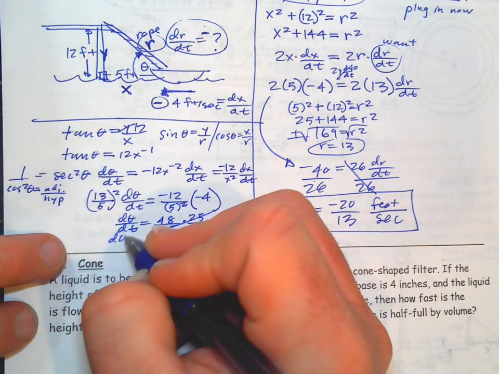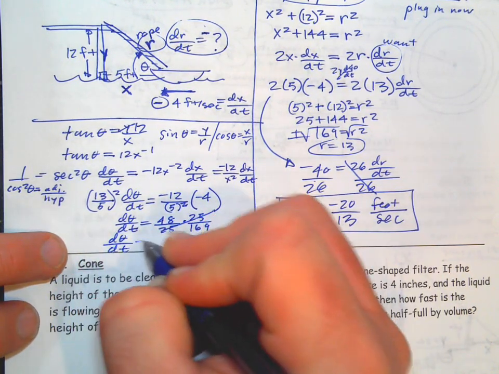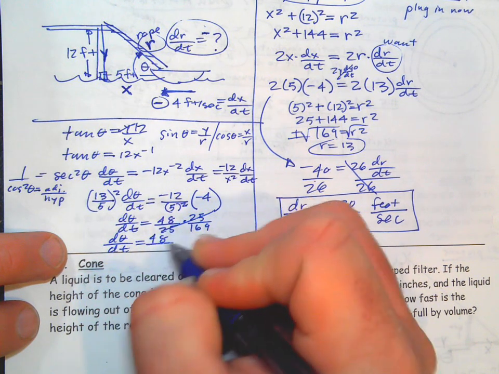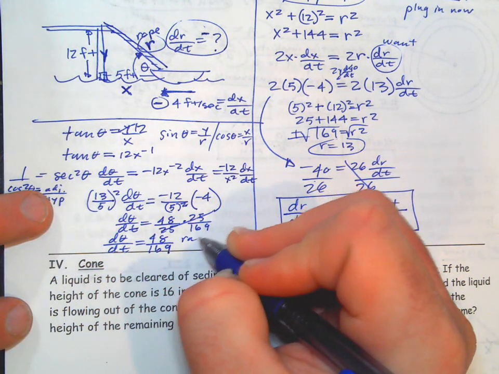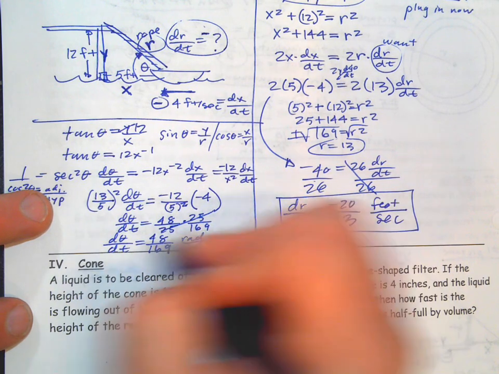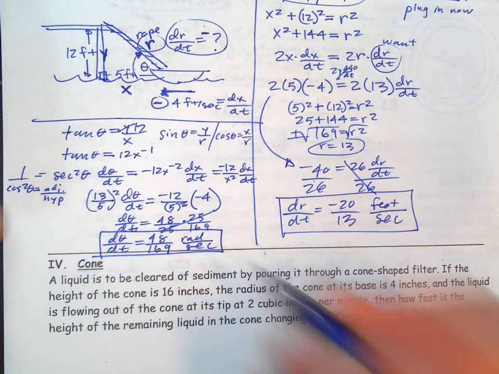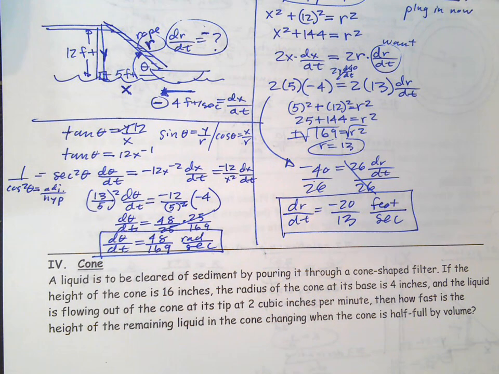So d theta/dt equals 48/169. The units are radians per second, and it came out positive like we expected it to. So a little trig got involved there. There are lots of ways to relate these things. We've seen similar triangles, we've seen area, we've seen the Pythagorean theorem, we've seen basic trig.